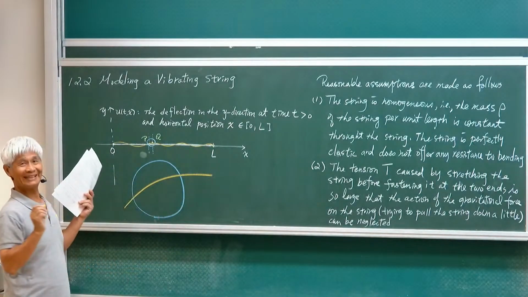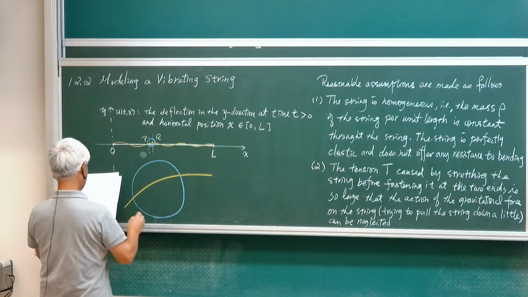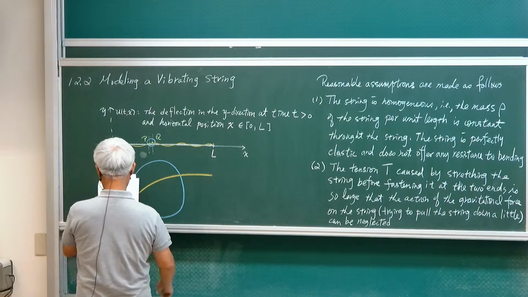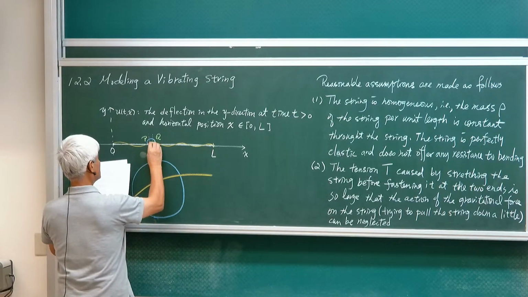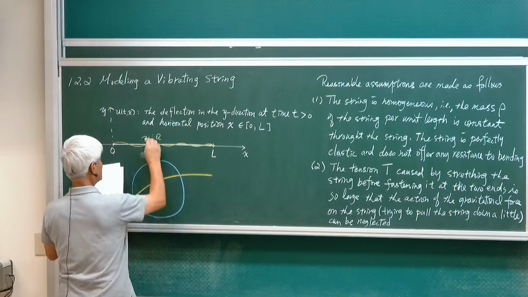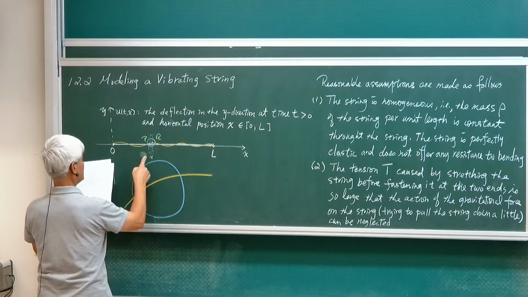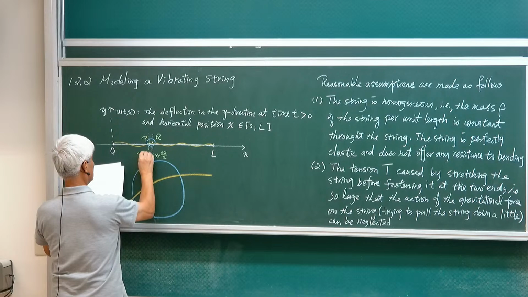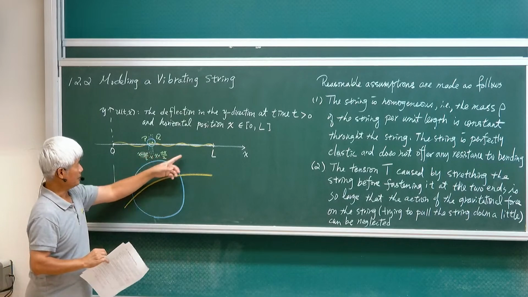We just zoom in on the local area here. The location here is x, right? And this point is x plus delta x divided by 2, and this is x minus delta x divided by 2.